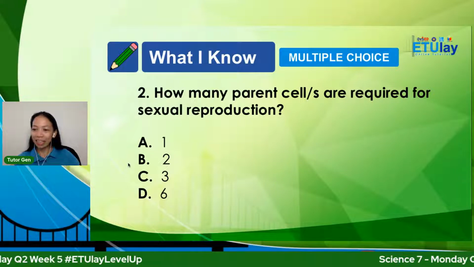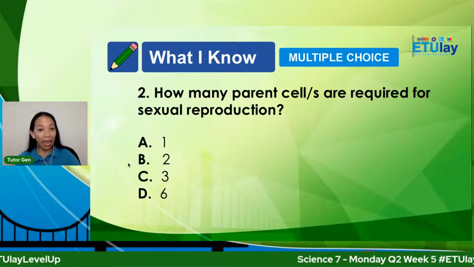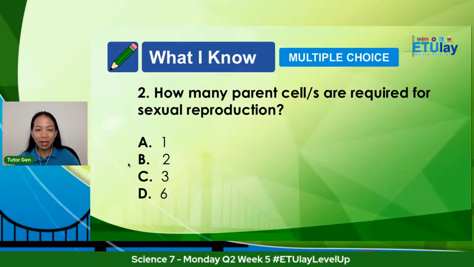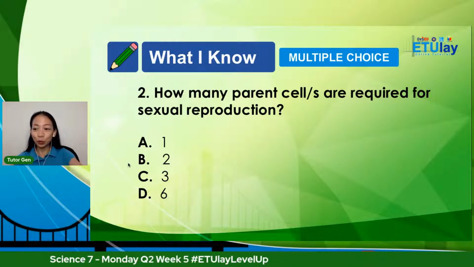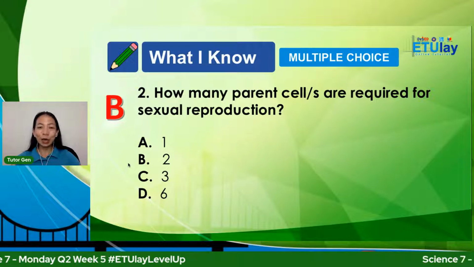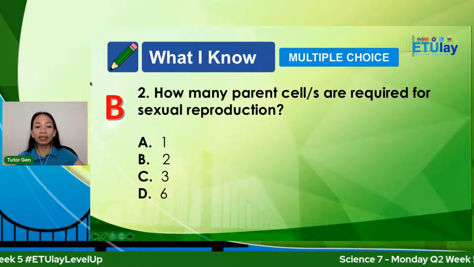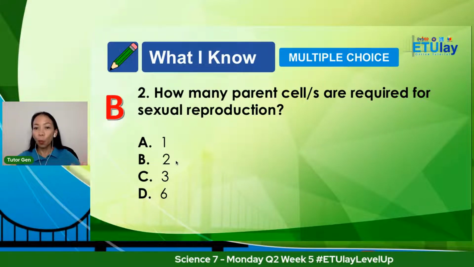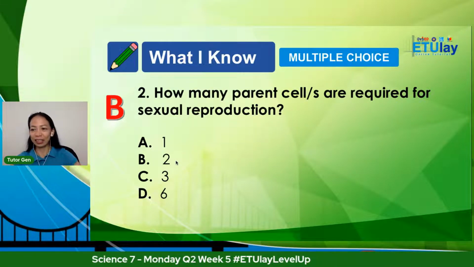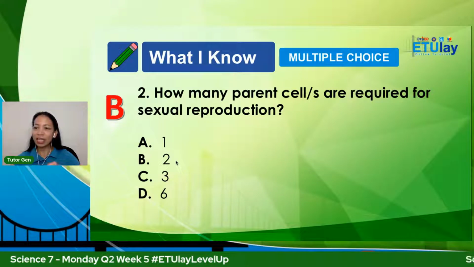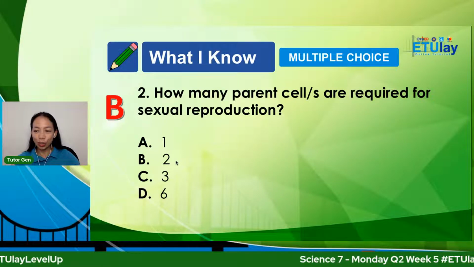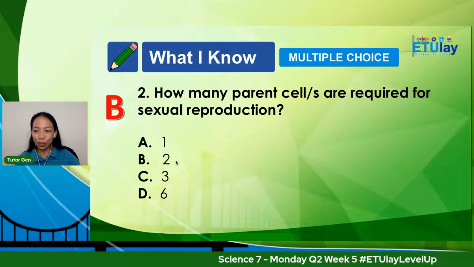Answer ni Alexandra for number 2 is A. Answer ni Samantha is B. So the answer for number 2 is letter B. We need at least 2 parents, so 1 male, 1 female. Correct naman si Lawrence Hermie Pastor Zamora and si Bianca Cruz.